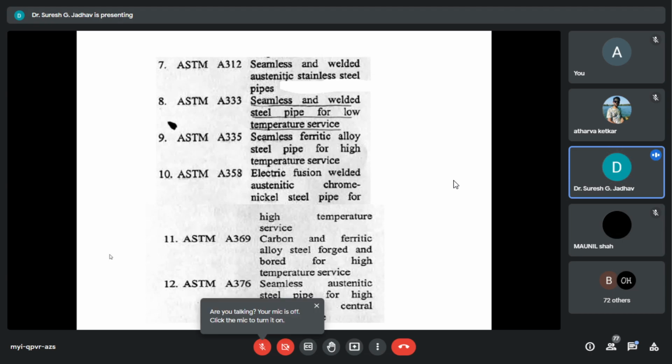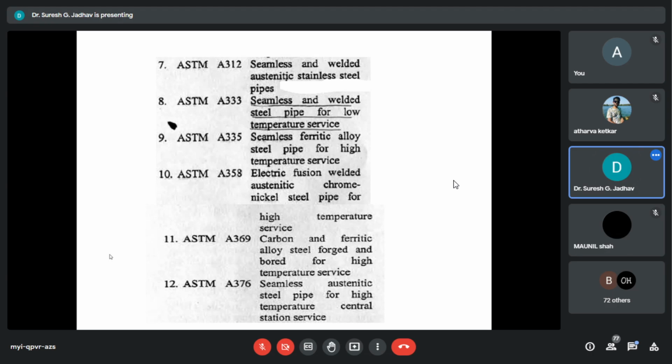And the next standard, that is A376. Here we can use this standard for seamless austenitic steel pipe for high temperature central station services in the chemical industry. That kind of standards are used in chemical industries, petrochemical industries, or hydrocarbon facilities, so that we can pick the relevant pipes and materials.